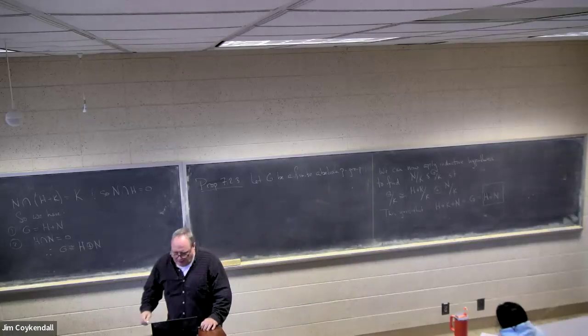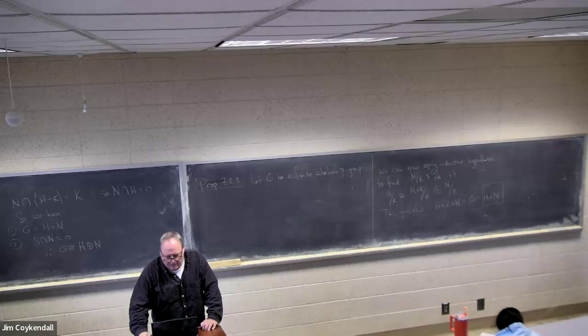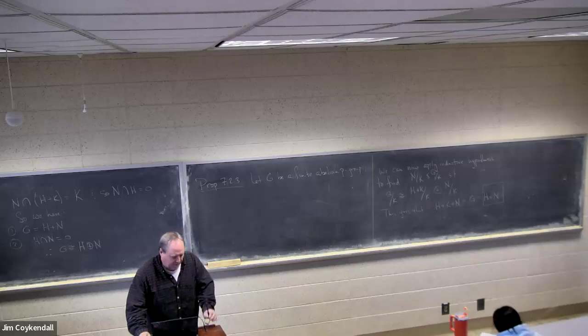Then G is uniquely a direct product or direct sum of cyclic p-groups.